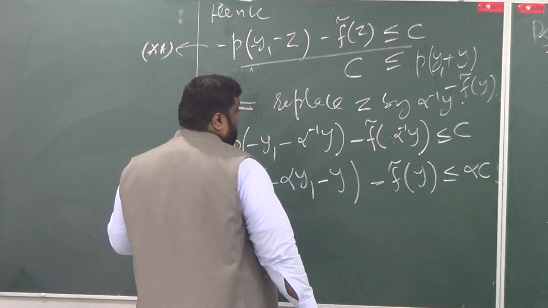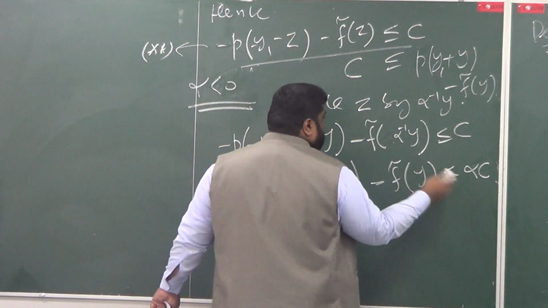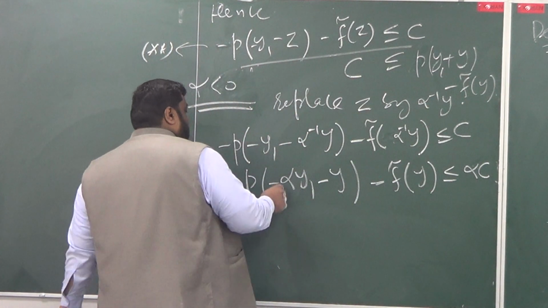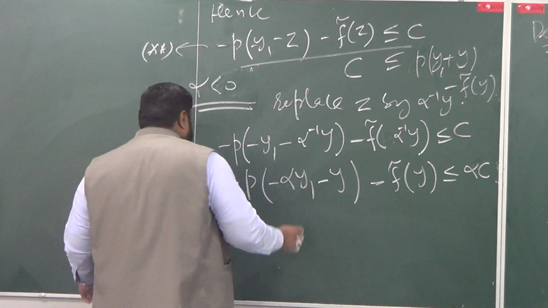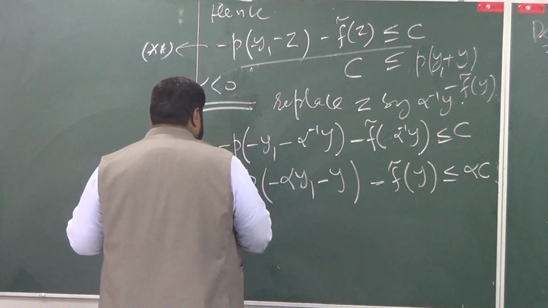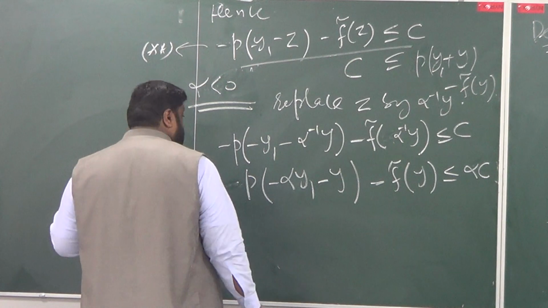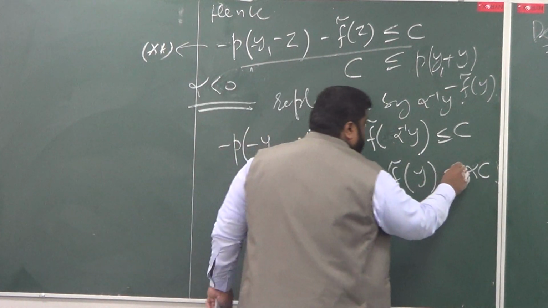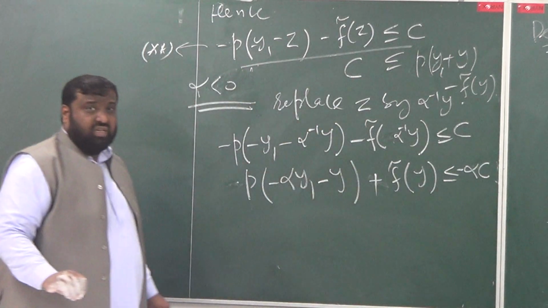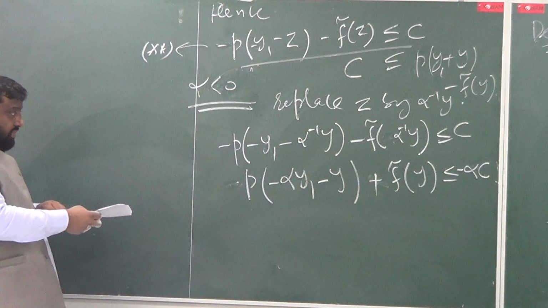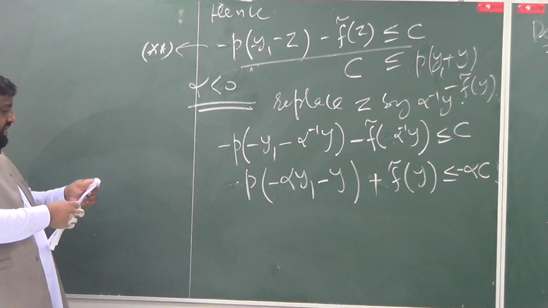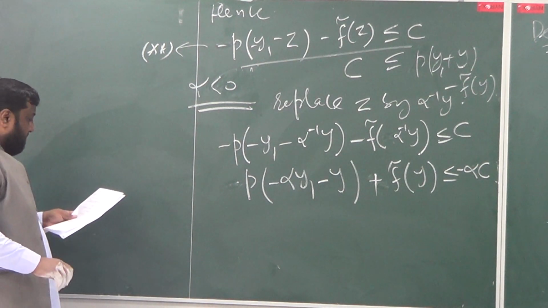Let's multiply by minus alpha, because then the inequality is preserved. So this will become plus, and this will become plus, and I'm going to have a minus. Agree? Alpha negative, or minus alpha positive.